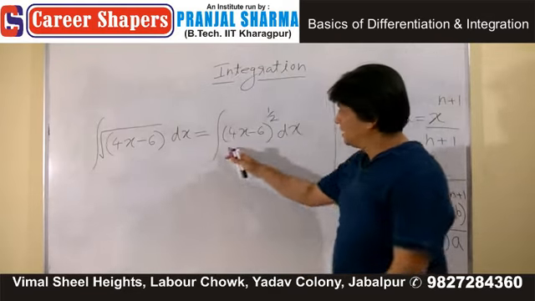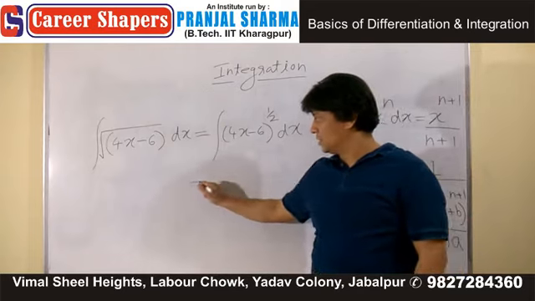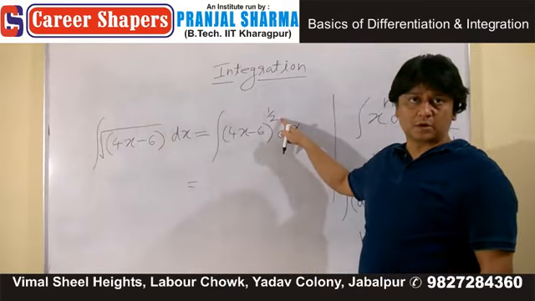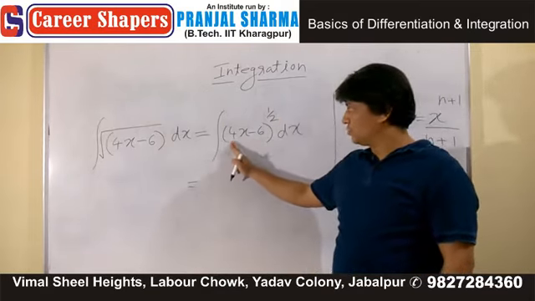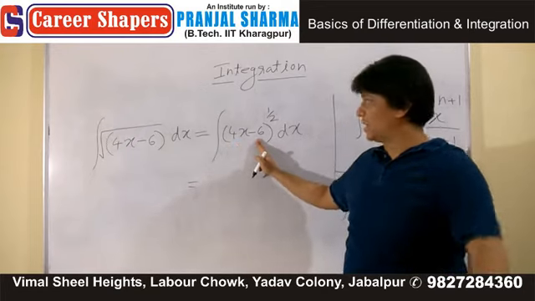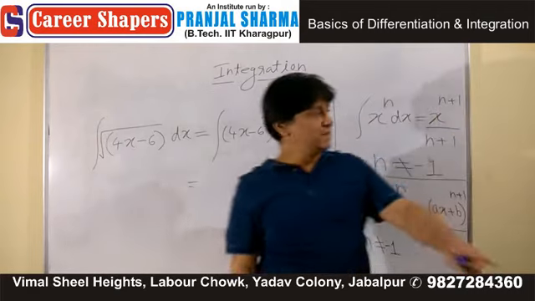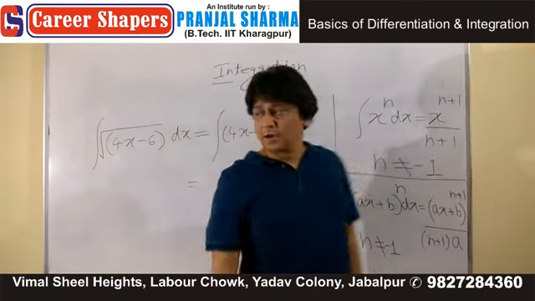So when you start integrating this part, you look for the power. You look inside. What is this format? Ax plus b. Okay, what is the power? Half. Is it minus 1? No. That means I can use this format.